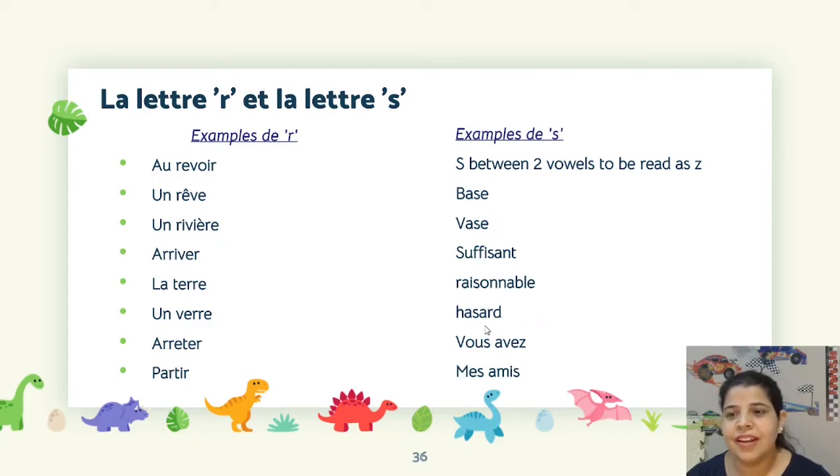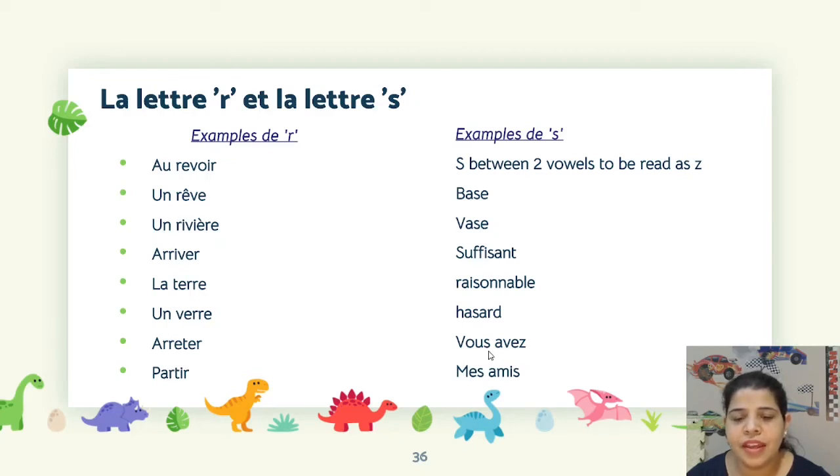And when words are connected, like with final consonants, as I mentioned in the previous slide, final consonants are usually not pronounced in French. We say vous, we don't pronounce the S. But when a vowel follows in the next word, after this vous, we have to pronounce it as the letter Z. Vous avez.